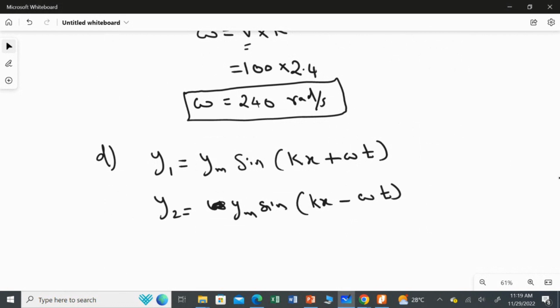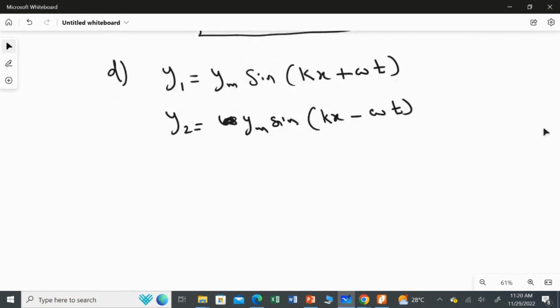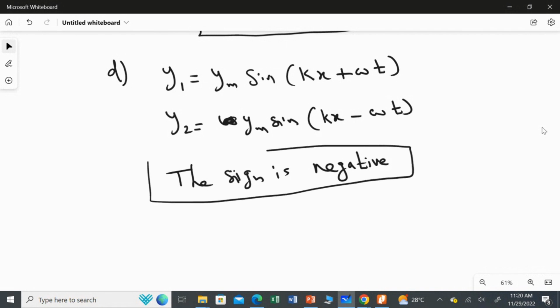So what they ask in the question, what should be the sign in front of omega? In front of omega, the sign is negative. Clear? That's it. This is the answer for the last question.